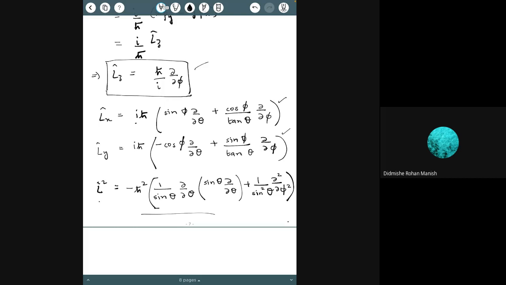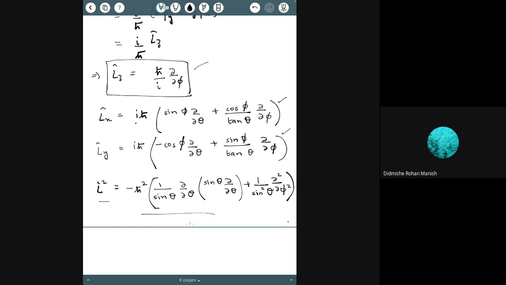The solution for L square is also there in the notes, I believe. I think I've uploaded everything, so you will be able to find them.